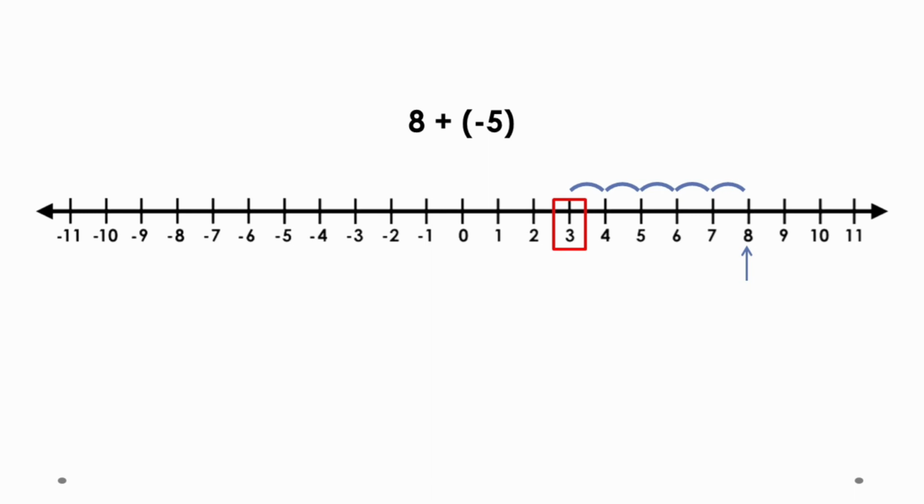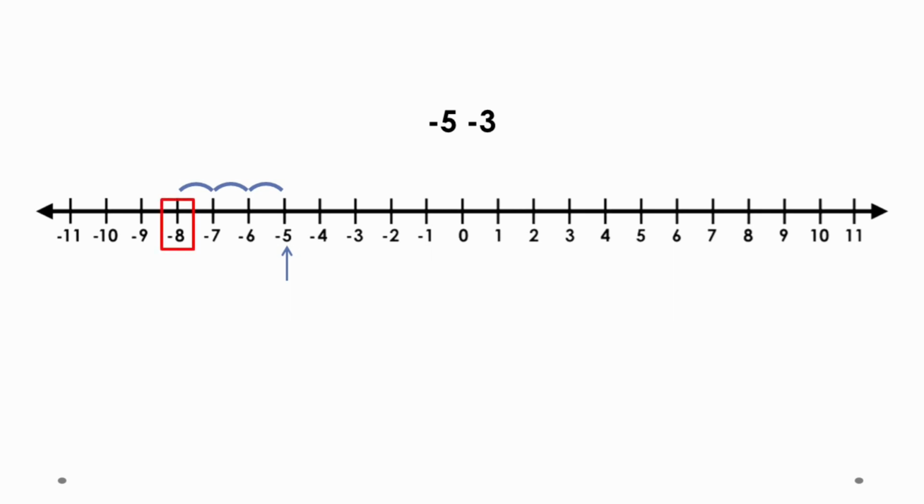So 8 plus minus 5 is 3. Let's take another example and solve minus 5 minus 3. In this case, we will go to minus 5 first and then go 3 places left from there as we are subtracting 3. As we see, we end up at minus 8. So minus 5 minus 3 equals minus 8.